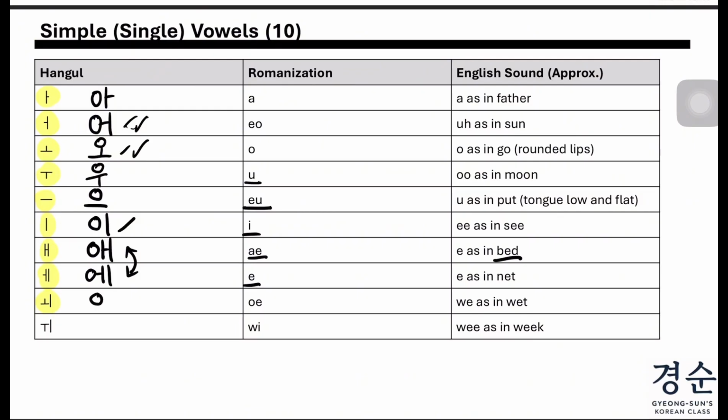Combining with ear, it's pronounced as where. It's like wet but where. The last one is WI, we as in week, right? So it's pronounced as we. Okay, I hope it's not too hard for this part.